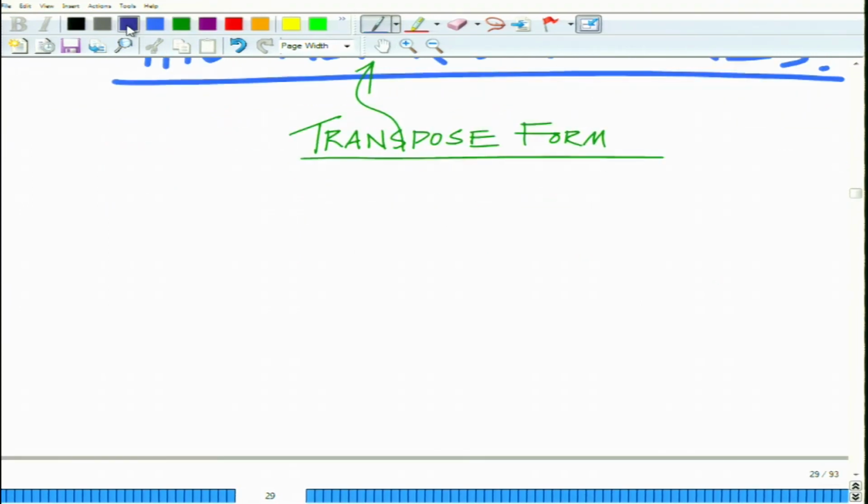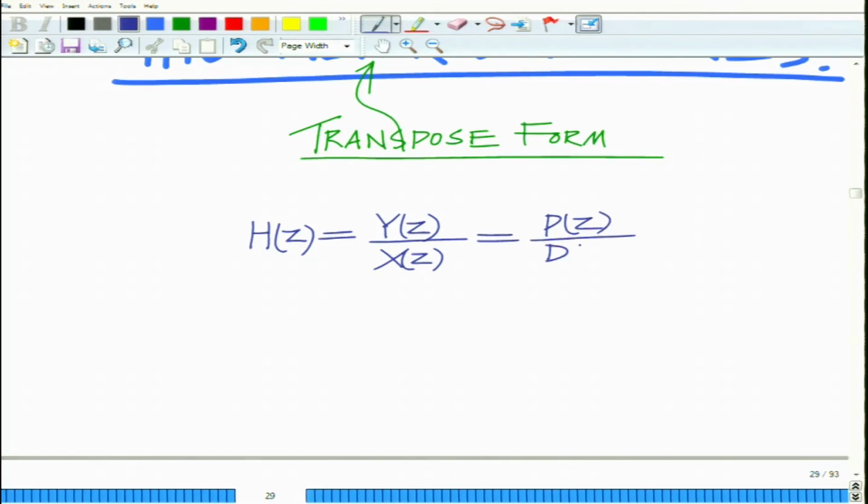Now, again consider our H(z), the transfer function, equals Y(z) divided by X(z), let us say that is given as follows, similar to what we have considered before, P(z) divided by D(z). So, this implies Y(z) equals X(z), and previously we had written it as a cascade of first P(z) followed by 1 over D(z).